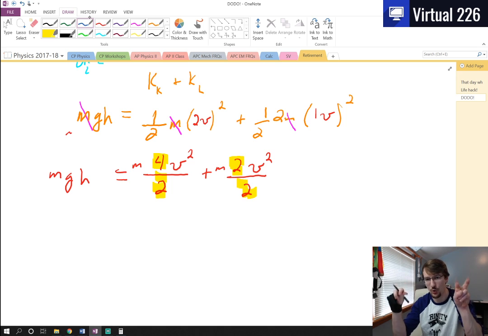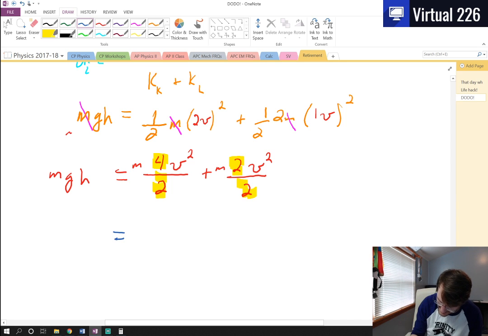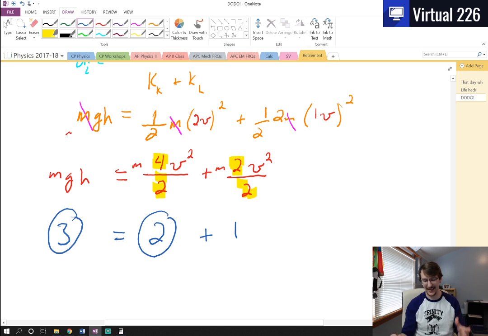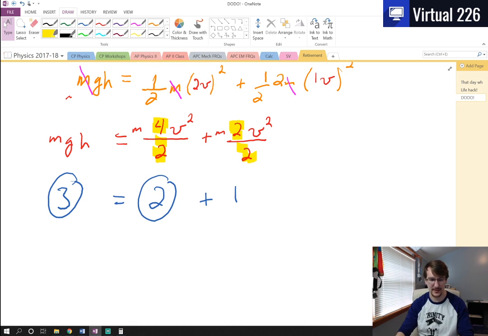So for my total quantities, this is 2 kinetics and this is 1 kinetic, and that has to equal the total value I have, 3. This means that block K has 2 of the 3 kinetic energies.